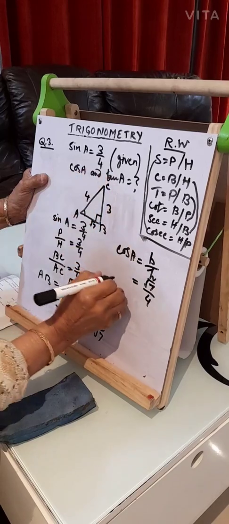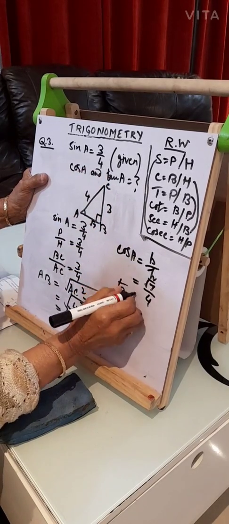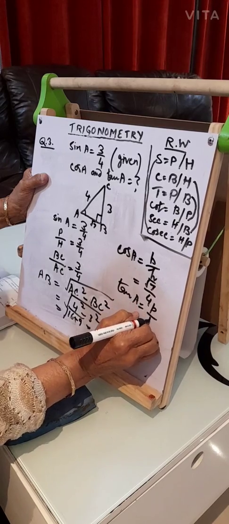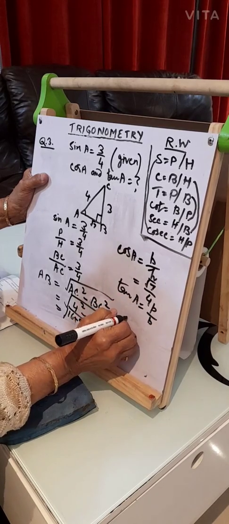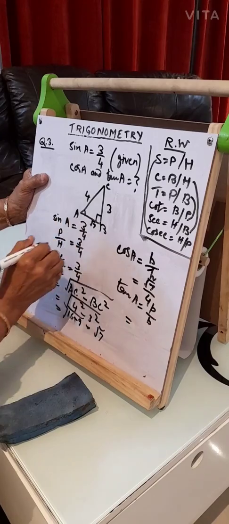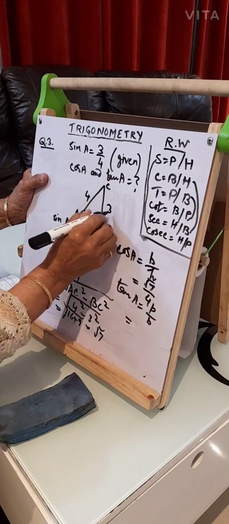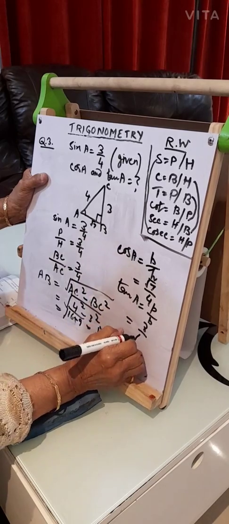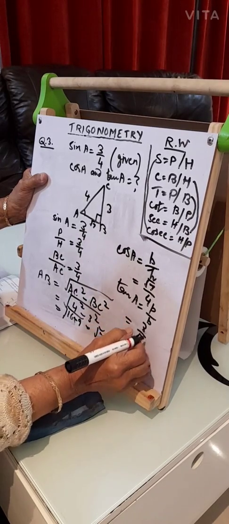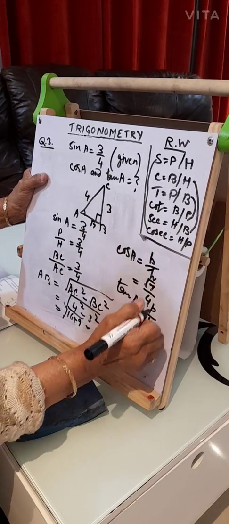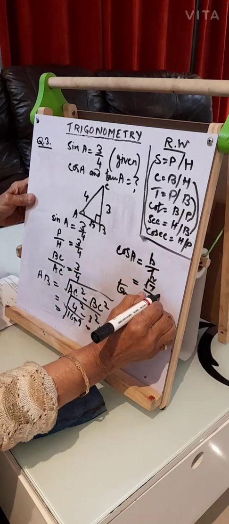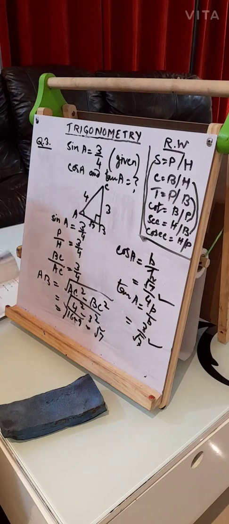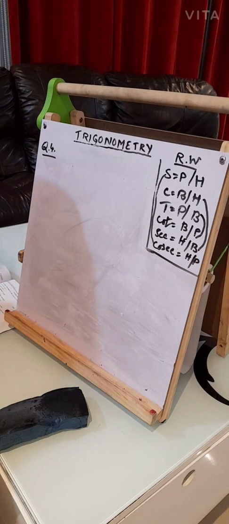Cos A. Now tan A. Tan A is equal to P over B. For tan A, P is 3 over base, base is under root 7. So these are the two answers. Number 1 is under root 7 over 4 and 2 is 3 over under root 7. Now let us do question number 4.